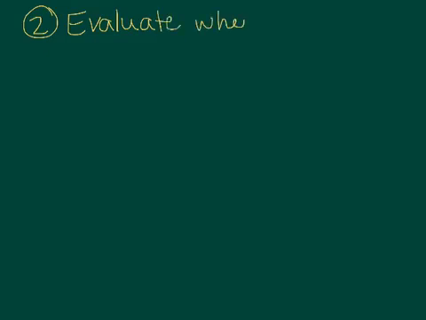So the next one will be a little bit more challenging because I'm going to bring in some fractions. So I'm going to ask you to evaluate when x equals 1/2.